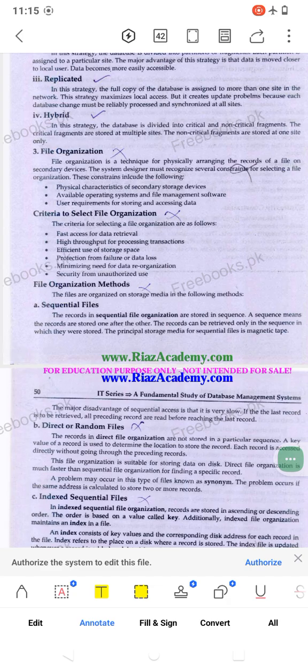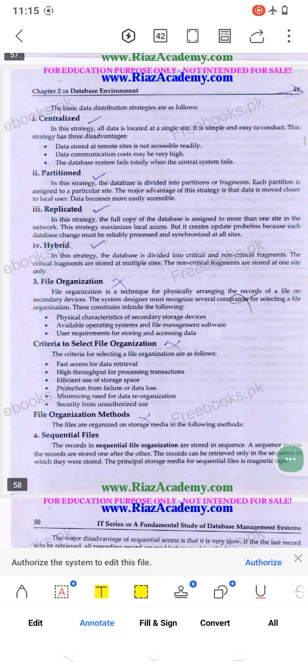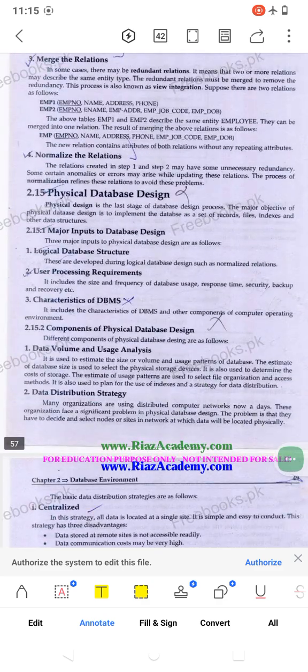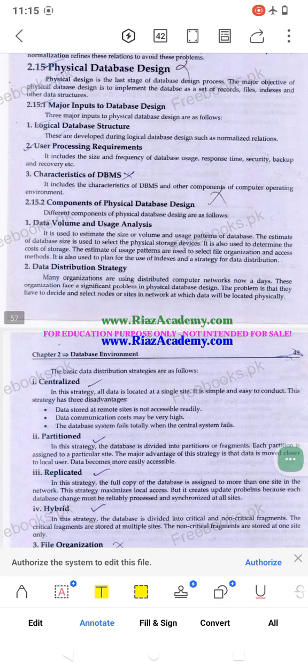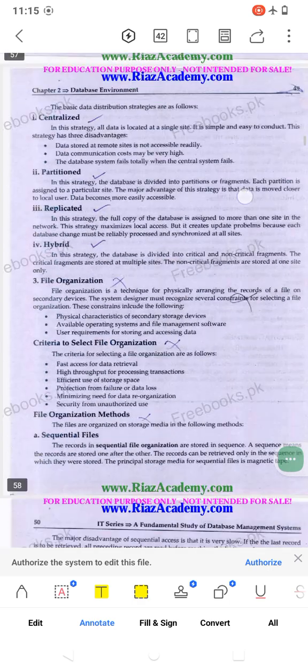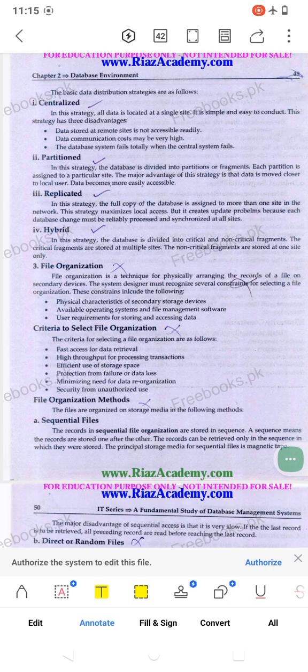Okay. Next we have file organization. In file organization, this is also the third part of physical database design. First, what type of inputs are given to that stage, second, which type of components are used at physical database design, and third is file organization, which means how we have to store our data, in which file structure or format.